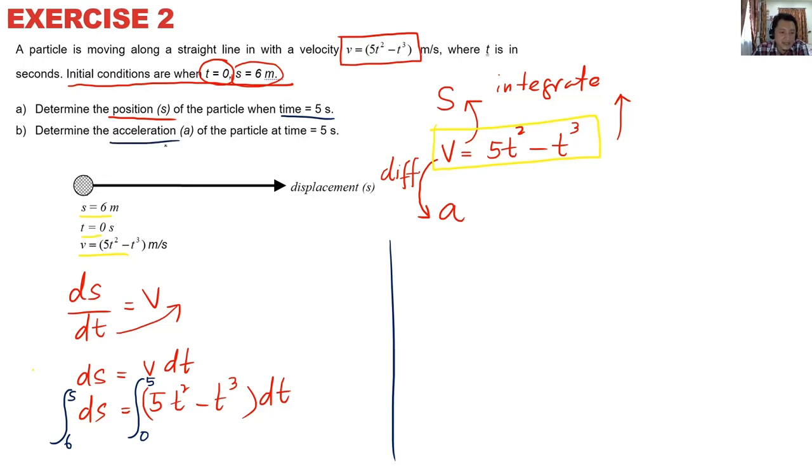And then acceleration. If you are going to acceleration, you need to differentiate. You are going to get acceleration by differentiating them. So dv over dt.